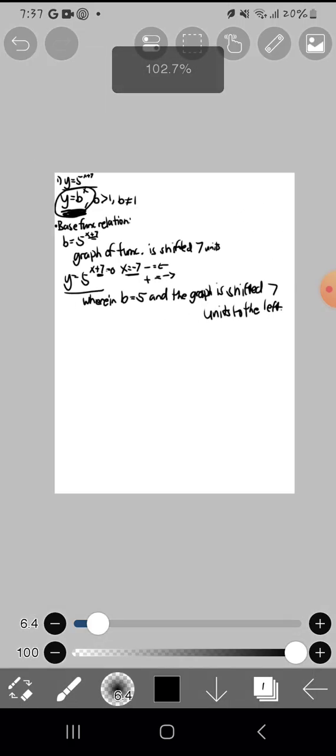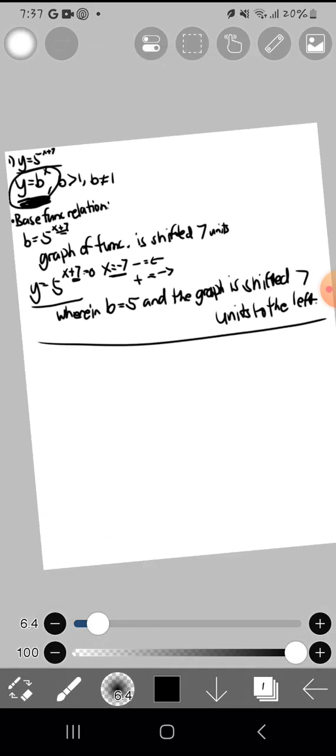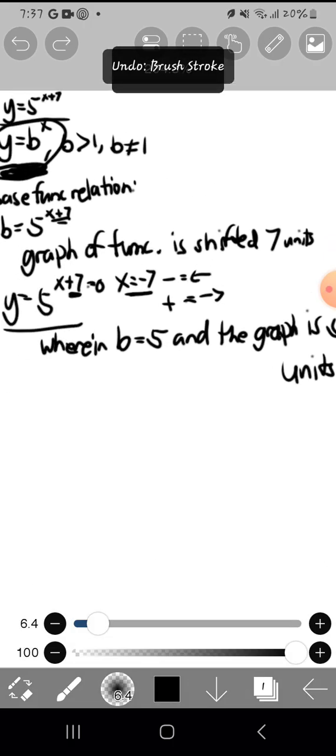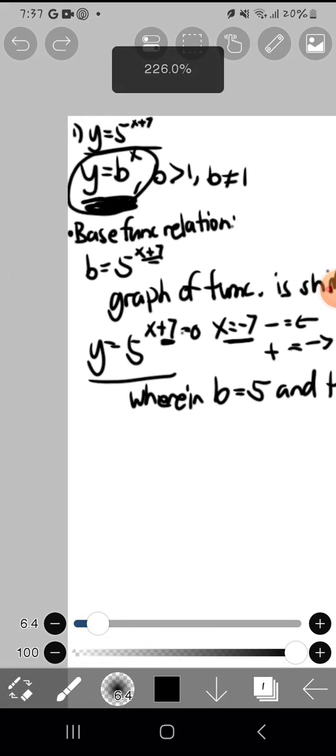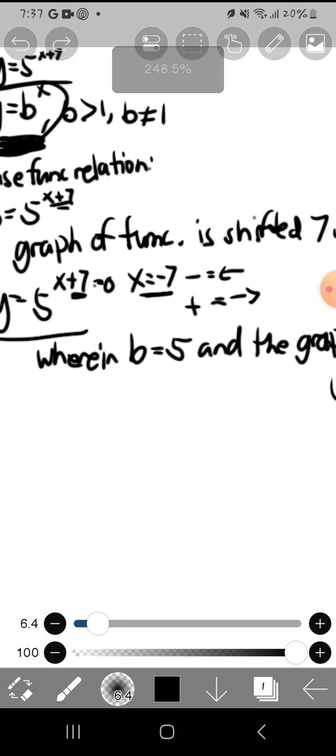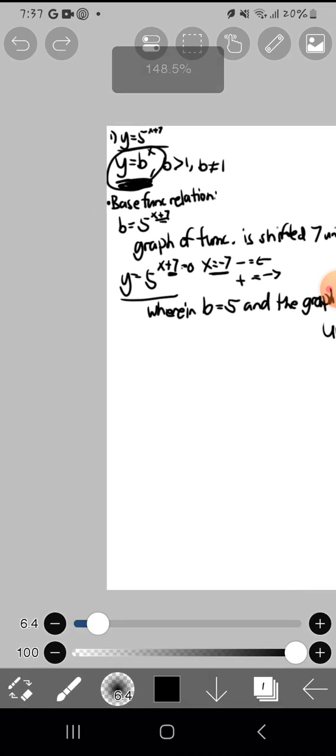Ayan na yung pag-relate ng function number 1 sa base function na y equals b raised to x. Yan na yung sagot mo. Dapat sentence form siya, kasi describe mo siya in words, bro.